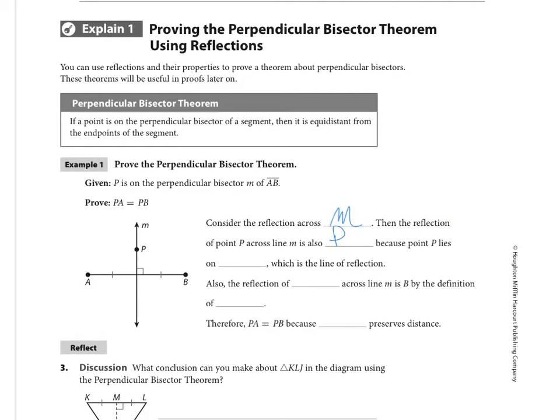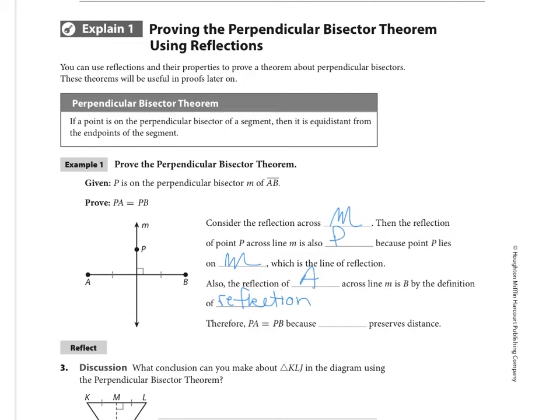Because P is on line M, which is the line of reflection, and also the reflection of point A across line M is going to be B. It's going to just reflect that same distance over, because it goes through the perpendicular bisector, and we know these distances are the same, so that's simply the definition of what reflection means.